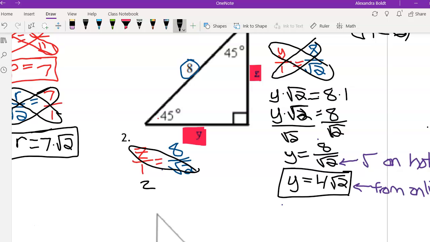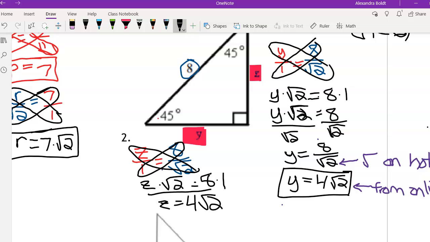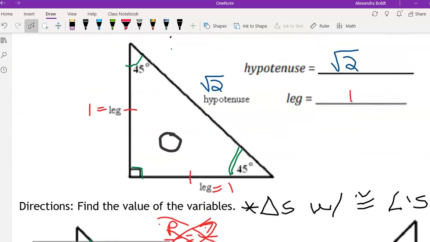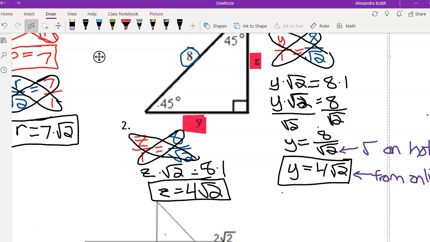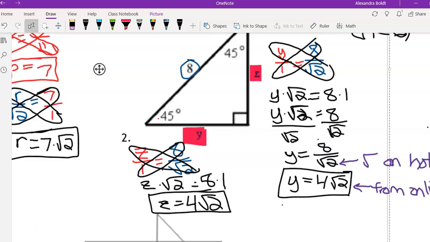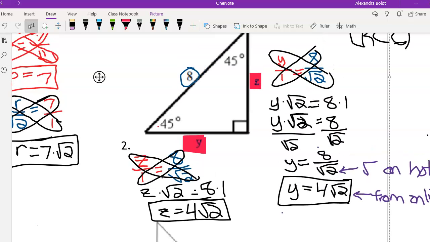So I have Z times square root 2 equals 8 times 1. I could continue to do this work, or I can just know my legs are going to be congruent. That's something we talked about up here, right? Your two legs are exactly the same. Whatever your first leg is, your second leg is as well.